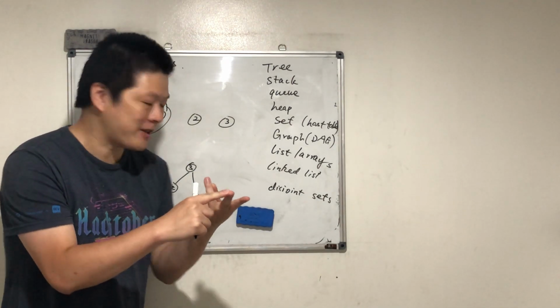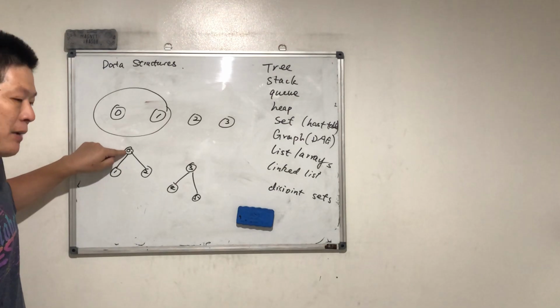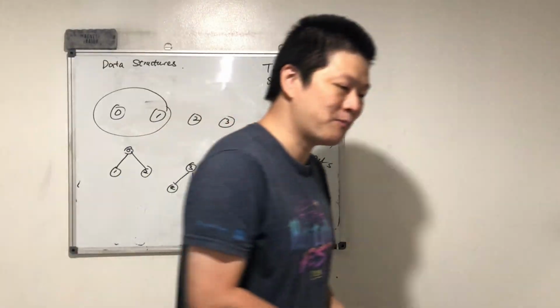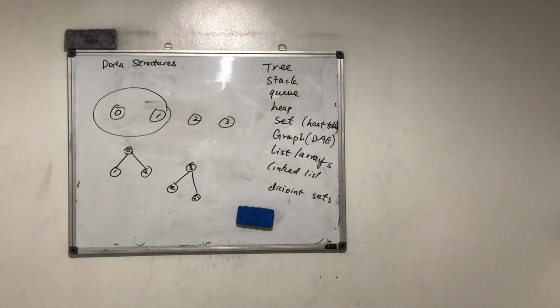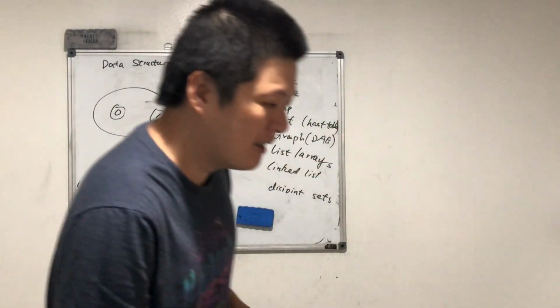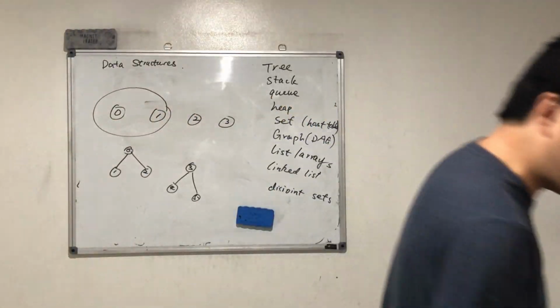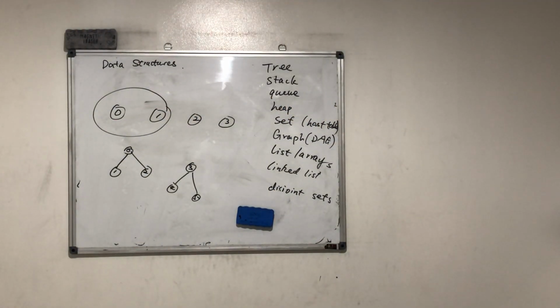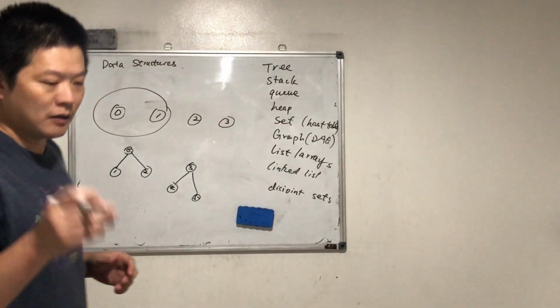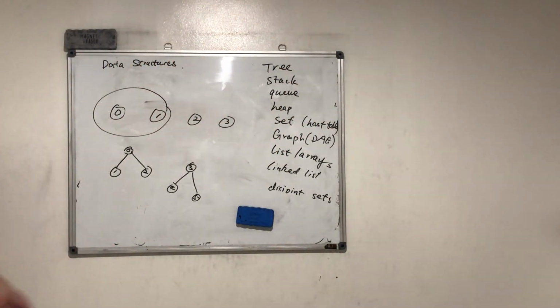We have learned two algorithms to solve this problem, to find out if a path exists in the graph. So what kind of algorithm do we use to traverse the graph? Breadth-first search, depth-first search.